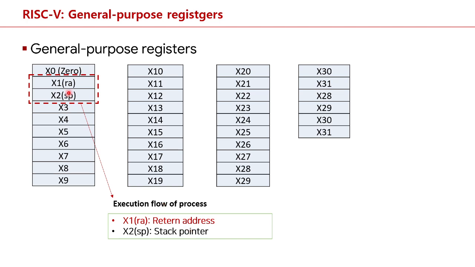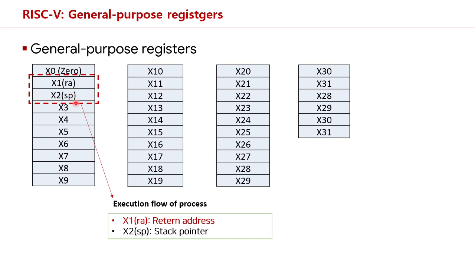When a function is called, the RISC-V core saves the address of the next instruction into the RA. This is the call return address, and it is one of the important operations when a function call is made.